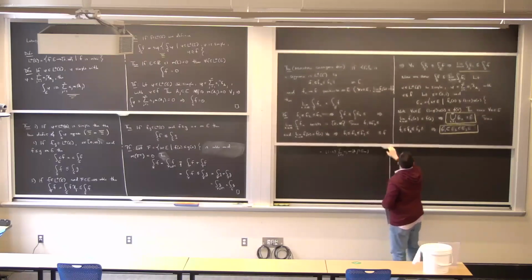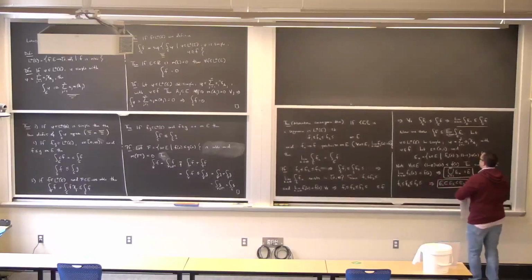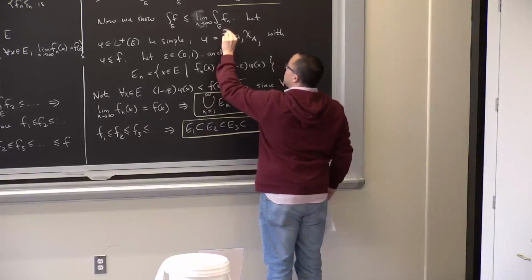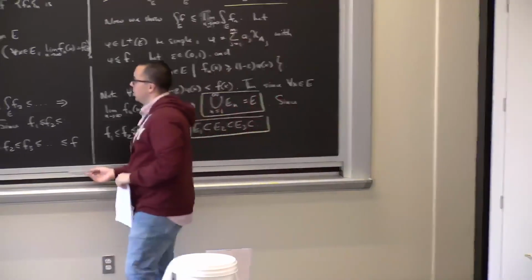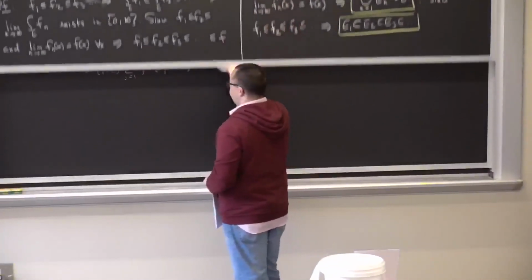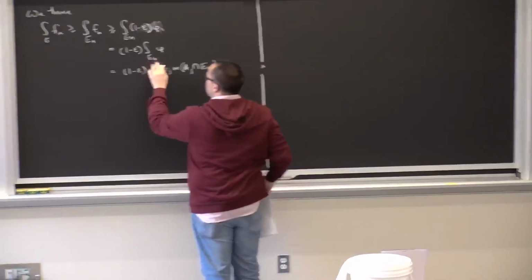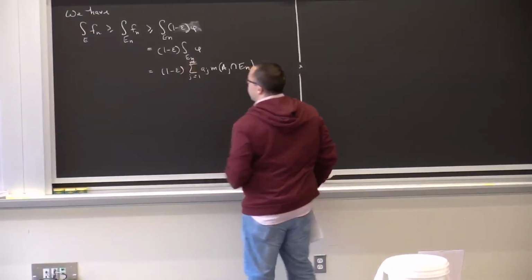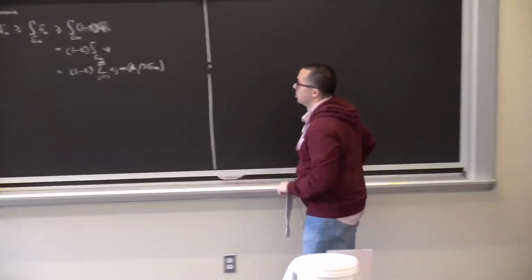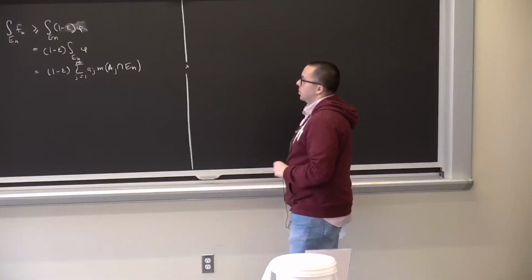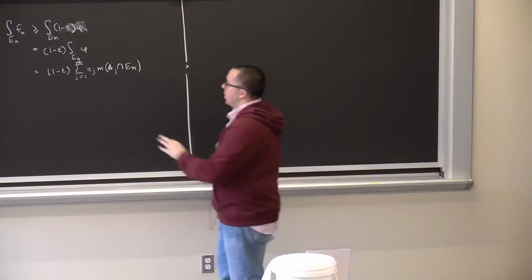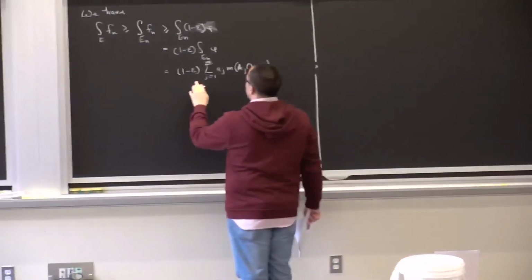Let's change this into an m, since we have n already denoting the indexing of the functions. We do not want this n right here, so that should be an m. It's just a fixed finite number depending on the simple function. Okay? So I have this for all n, okay?